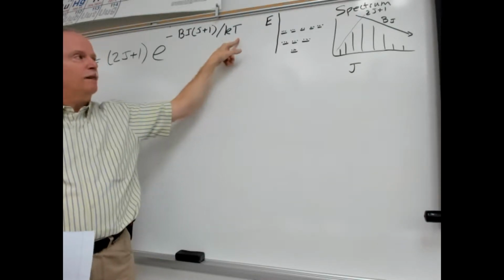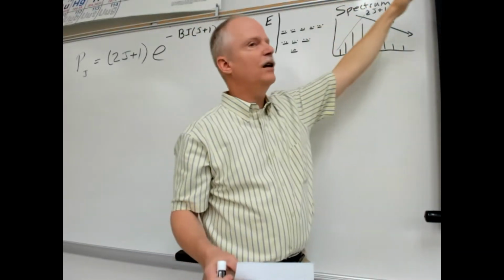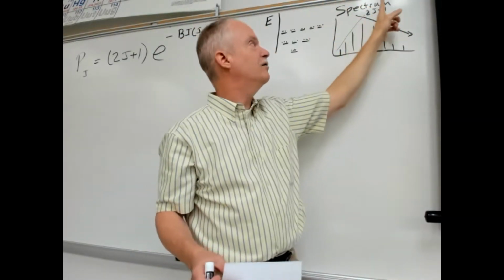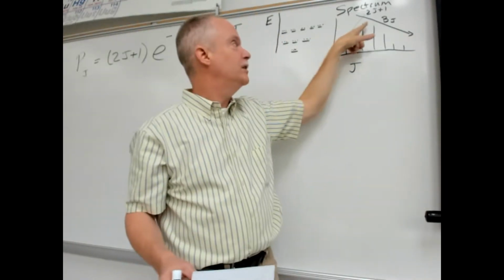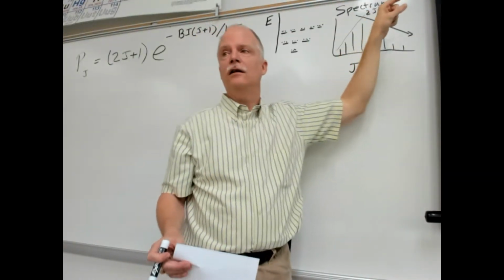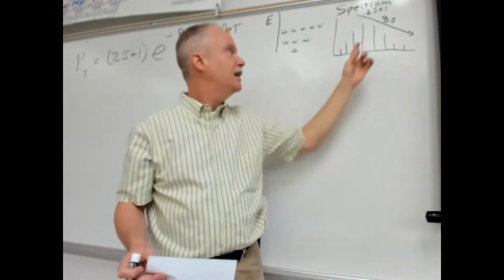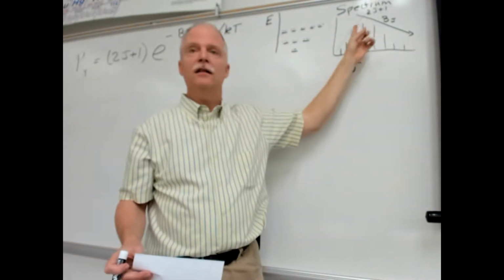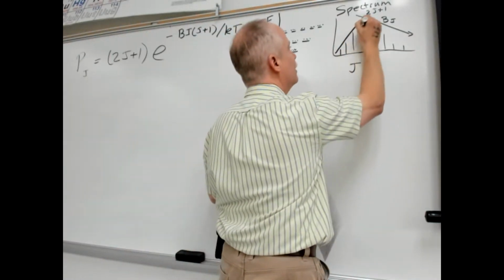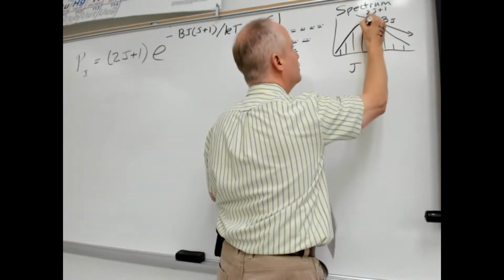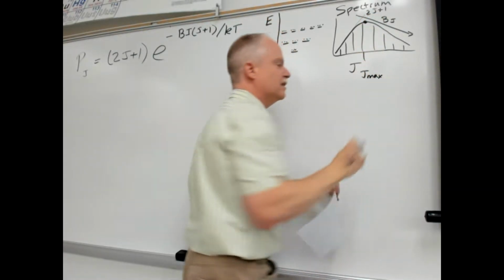And so then this drop is very, very slow, and so then there'll be lots of peaks that are populated. And the maximum J value will move to the right. It'll be a higher peak. And so what we're trying to see is this J max, the maximum of this curve, this maximum J value, J max, is temperature dependent.